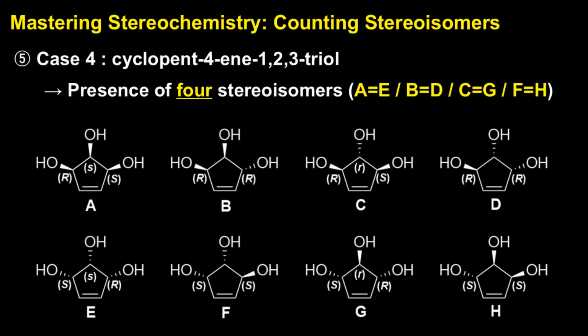Now, let's look at a more complex example. Cyclopent-4-ene-1,2,3-triol. First, let's draw the structure of the given compound. We can see that C1 and C3 are chiral centers. The question is whether C2 can also be considered a chiral center. At first glance, it's easy to think that C2 is not chiral, because the substituents on either side of the ring look identical.